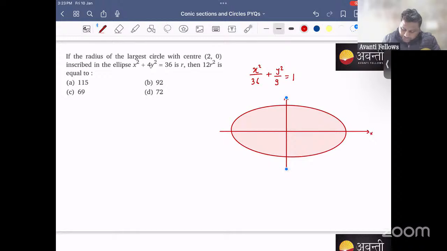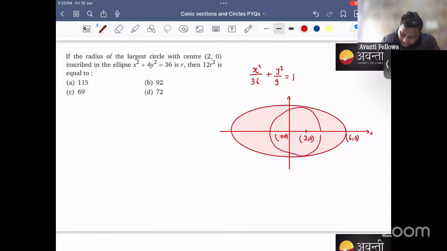Center (0, 0). This is (0, 0), this is (6, 0). They are saying a circle with center as (2, 0) and the maximum radius. This kind of circle we will be having, something like this.